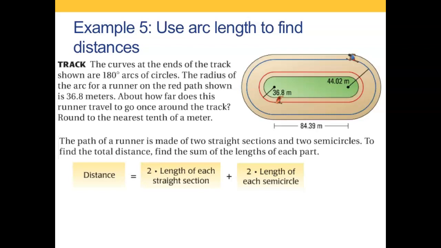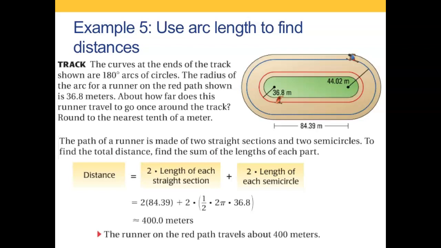So 2 pi times 36.8, and then half of that, because we have semicircles, but then we have 2 of them. So it's really going to be 2 times 1/2 times 2 pi times 36.8. So the 2 and the 1/2 will end up canceling each other out. So 2 times 84.39 plus 2 pi times 36.8 comes out to be about 400 meters. So the runner on the red path will travel about 400 meters.